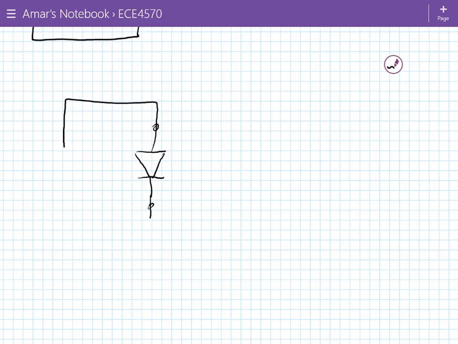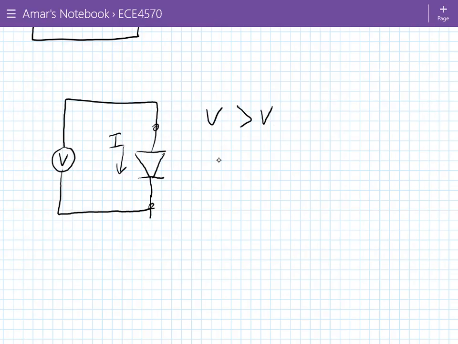In order to push current through the diode, the voltage that you put across the diode has to be greater than V0, the built-in potential of the diode. If you remember this from circuits 1, when you're operating a diode, you usually have to put a voltage greater than about 0.6 or 0.7 volts in order to get current to go through the diode. And once you go above 0.6 or 0.7 volts, the current shoots way up.